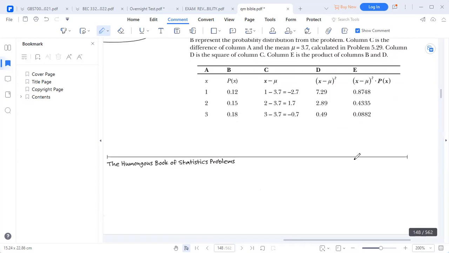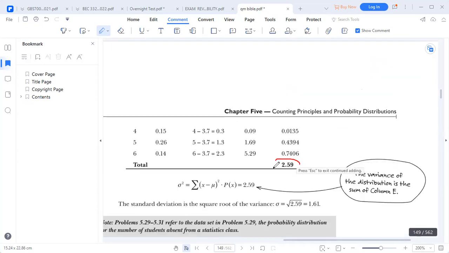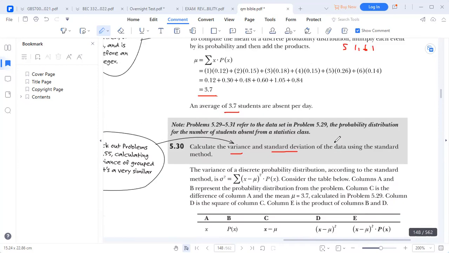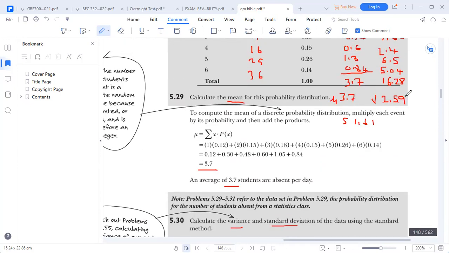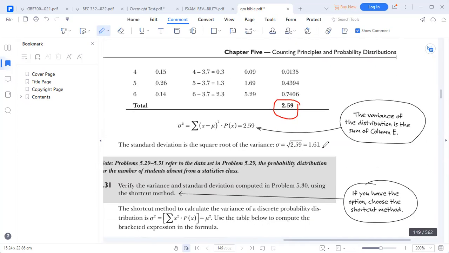Although it is longer, you're going to get 2.59, which we already found here. And when you square root it, you get 1.61. That is how you find standard deviation.